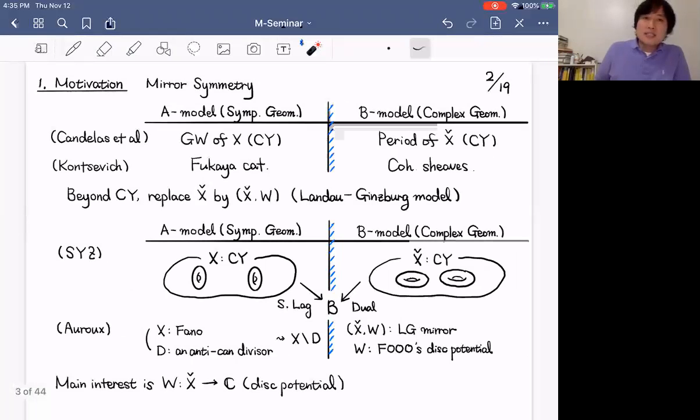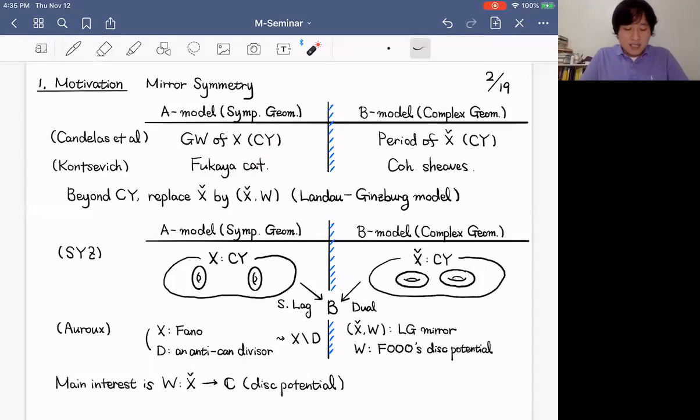The motivation actually comes from mirror symmetry. Probably you are already very familiar with it. Basically, mirror symmetry is a duality relation between symplectic geometry and complex geometry. Originally, mirror symmetry was studying the duality relation of Calabi-Yau varieties.